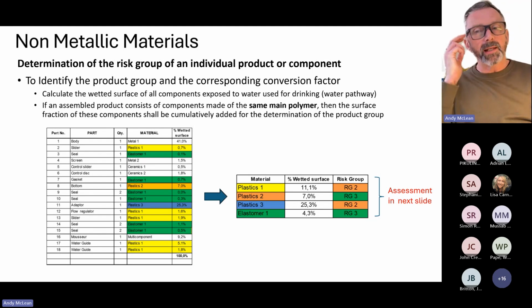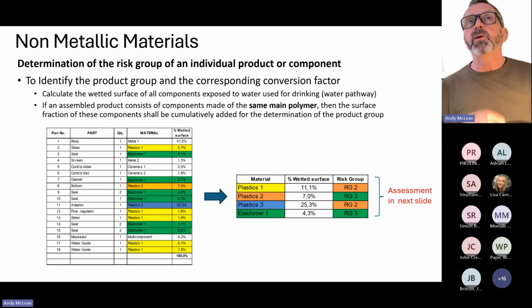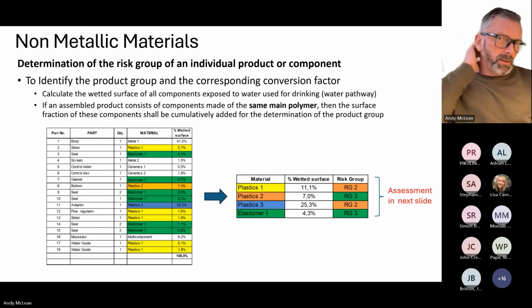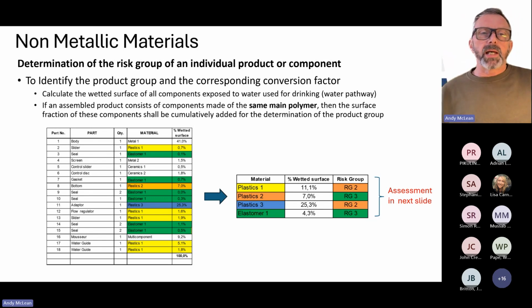And the table on the right, you actually add together the various components, so you may have 3 or 4 components, but you add together the material so that it gives you a wetted surface of the material. So you can see there, plastics 1, 11.1%. And then there's a risk group attached to that. And I just want to explain the process of how you arrive at that risk group.